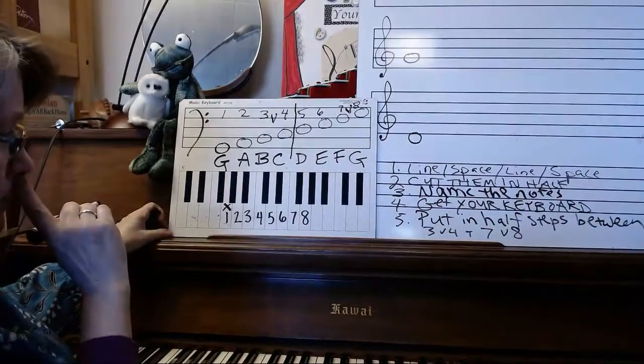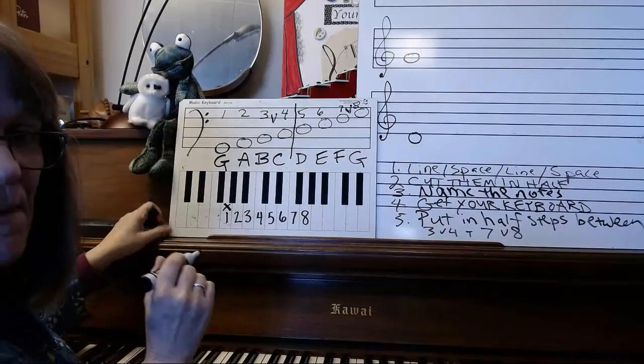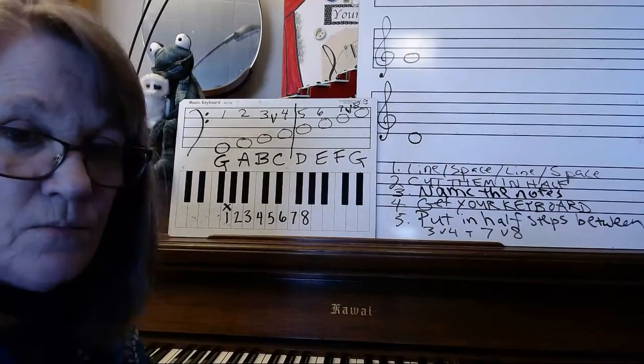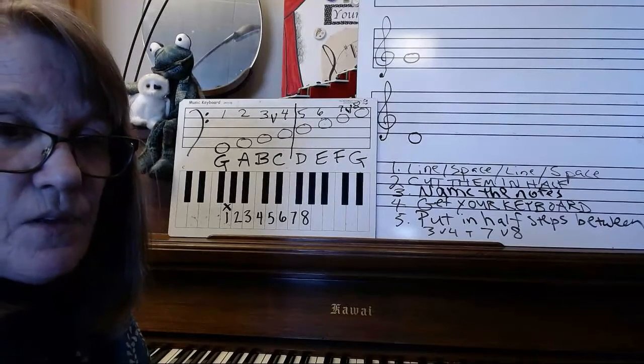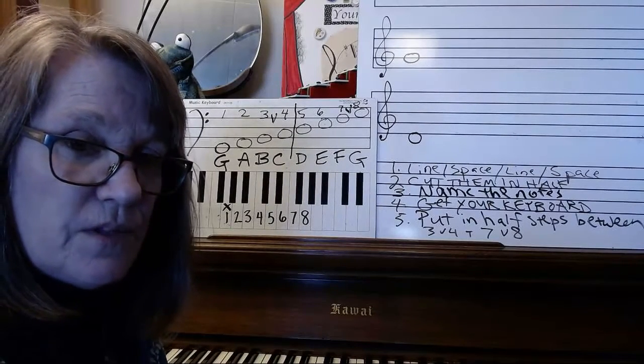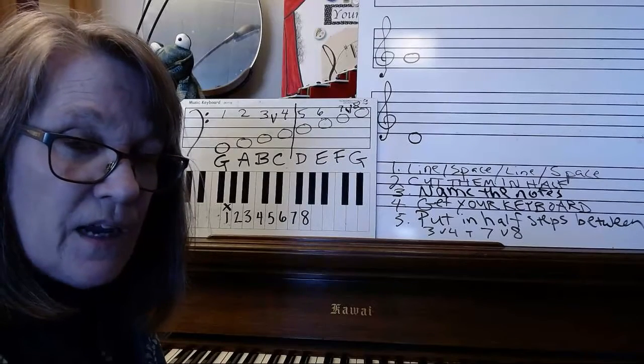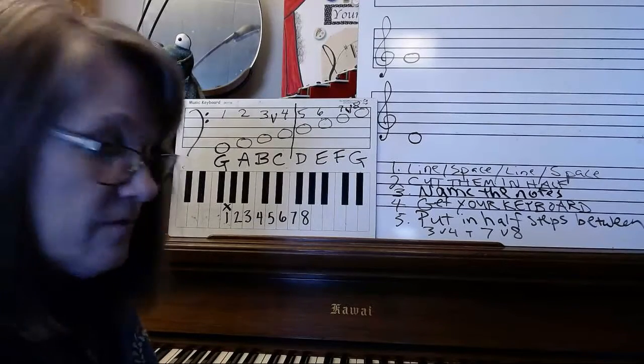Okay. And after that, you're going to actually play it. If you can't play it, then you'll just have to use that keyboard and count whole, whole, half, whole, whole, half.